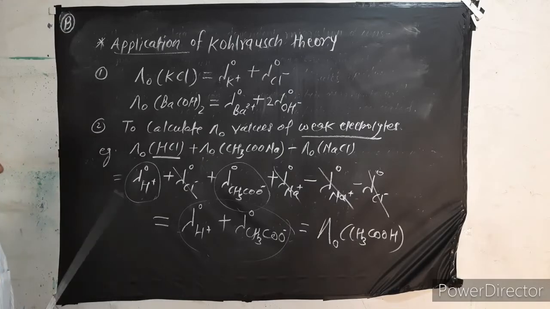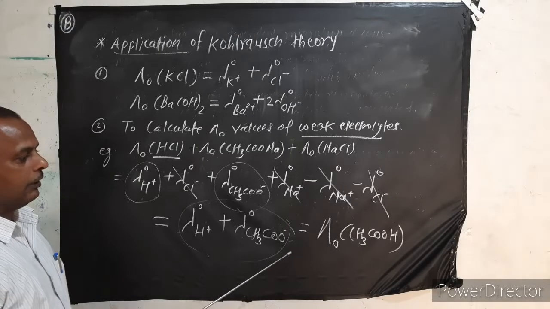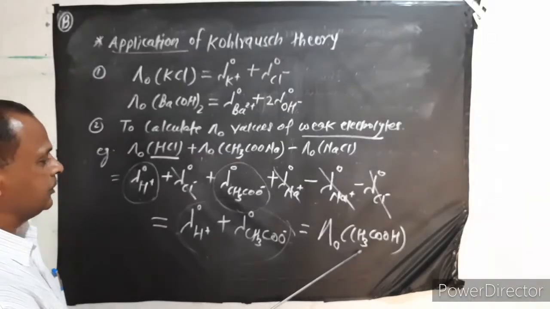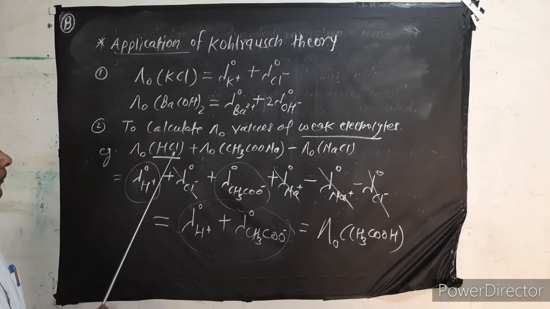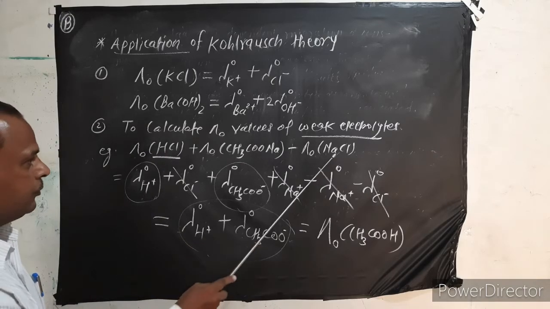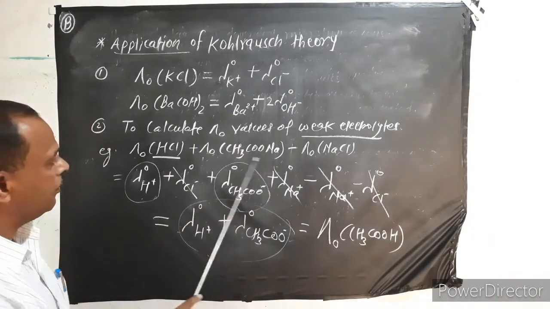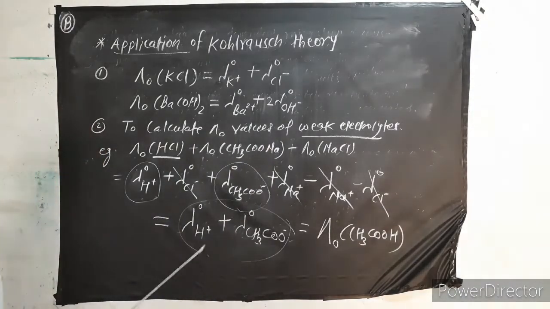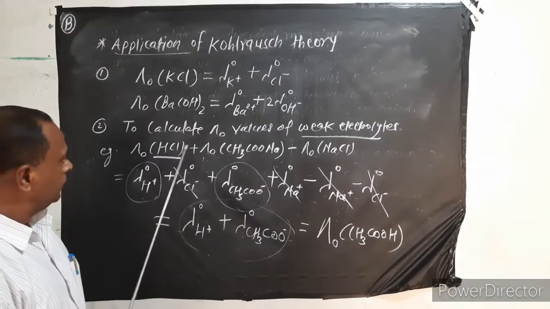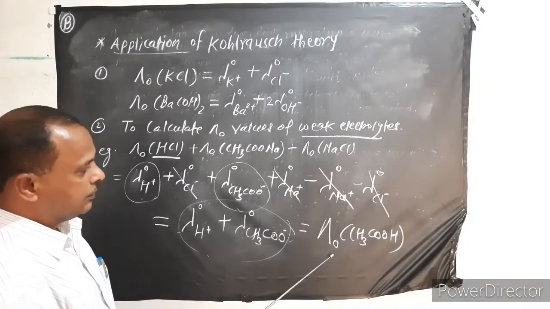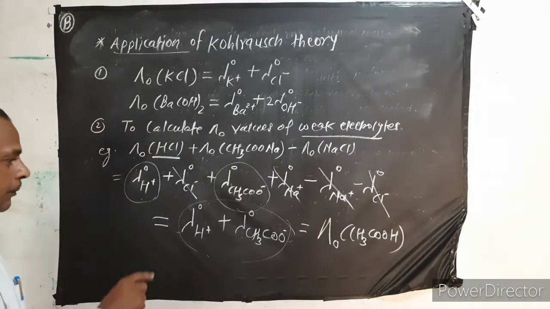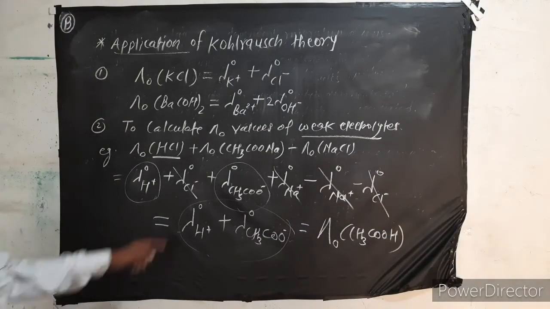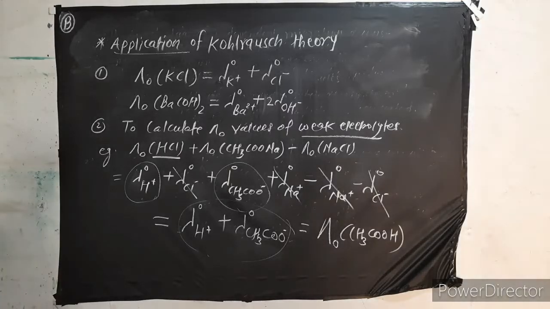So by using the Kohlrausch law, we can easily calculate the molar conductivity of acetic acid, a weak electrolyte, if we know the molar conductivities of HCl, CH3COONa and NaCl, which are all strong electrolytes. By knowing these values, we can easily calculate the lambda 0 of acetic acid.